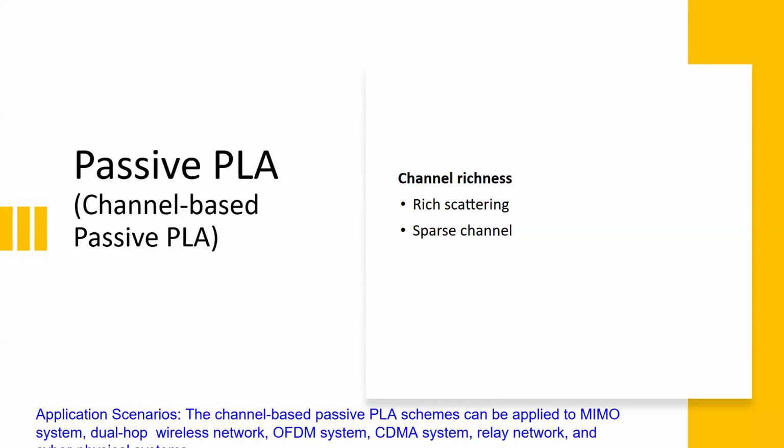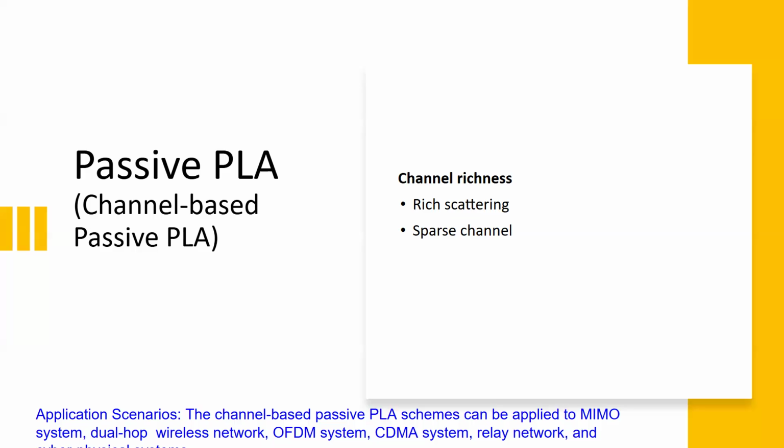A sparse channel means the delay spread between the taps, the multiple paths, is sometimes sparse. There are periods where you don't receive any tap, and all of a sudden you receive multiple taps. So at certain times you don't have any signal received at the receiver, but later on you have a bunch of signals being received.